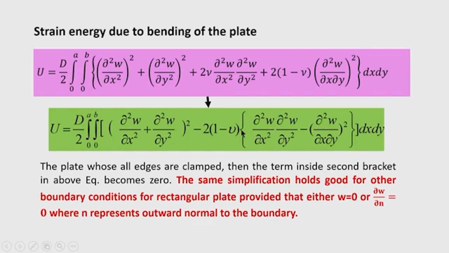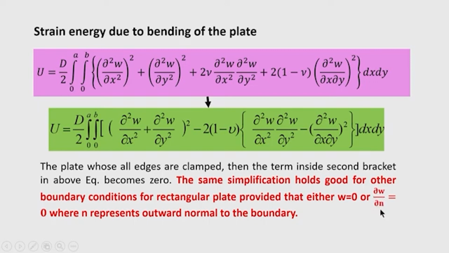So, this is also proved if the boundary conditions for a rectangular plate whose all edges are supported, either clamped or simply supported, have w equal to 0 and the slope along the normal direction to the boundary is 0.